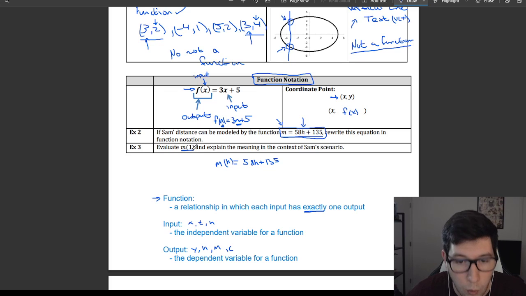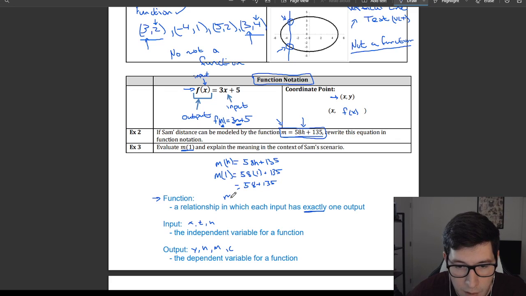And so this is a super specific way of saying, hey, you're going to evaluate this equation at 1. And so m of 1 is simply going to be equal to 58 times 1 plus 135, which is going to be 58, because 58 times 1 is still 58, plus 135.